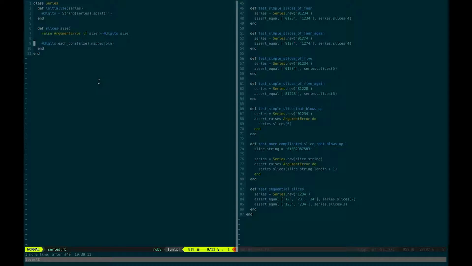In the last video, I worked through the series exercise from the Ruby track. What I wanted to do briefly in this video was to unpack what's happening inside this call to map, this shorthand syntax.